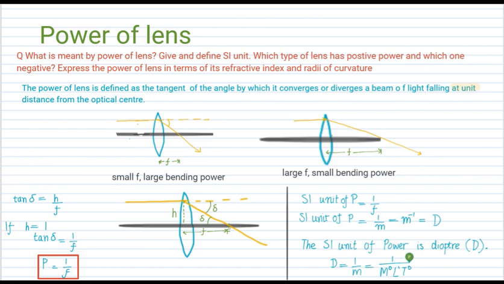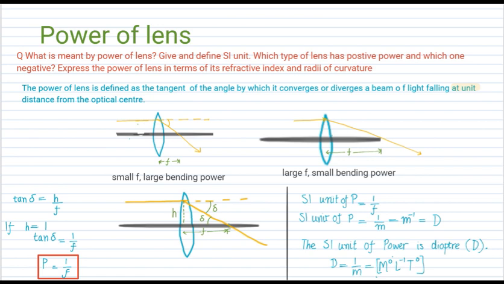If I take this to the numerator, then I can also write this as m0 L minus 1 T0. So this is the dimensional formula for power, or your diopter.